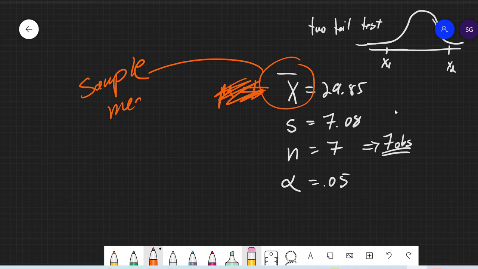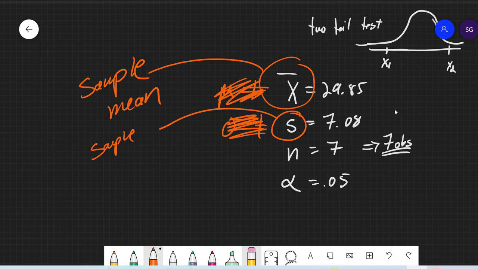This is a sample mean. This s is not sigma. Not sigma. Our s is our sample standard deviation. Again, we calculated it from a sample. So we don't know what the population looks like, right?